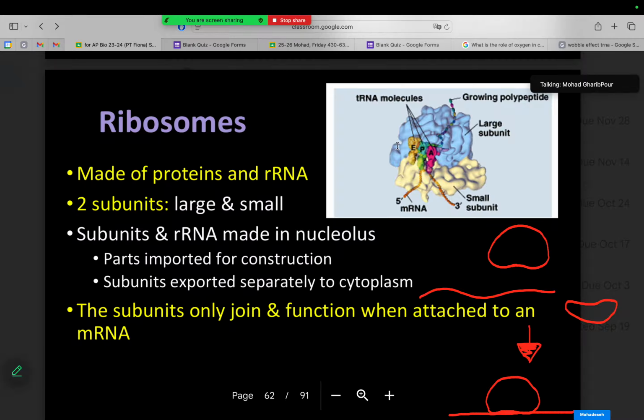You have your mRNA, and then you'll have your small subunit and then the large subunit. They come together, sandwich the mRNA, and start copying or translating.